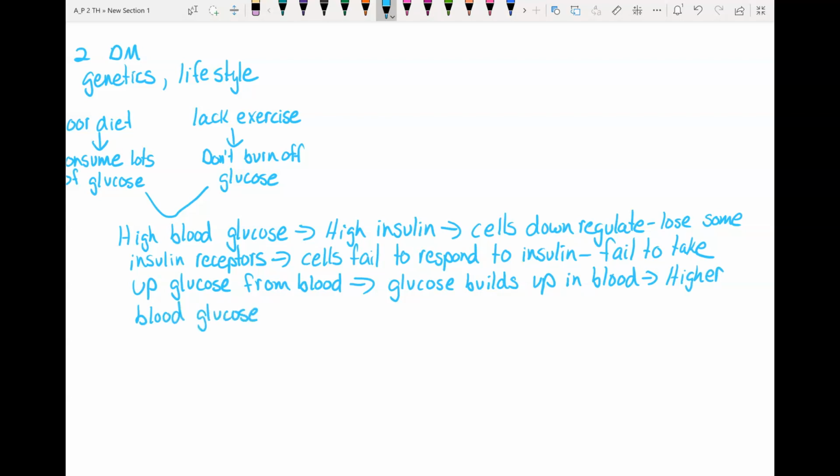Well, if your blood glucose is even higher, that means your insulin is going to be higher. What do you think cells are going to do in response to even higher insulin? They're going to downregulate again. This means they have even fewer insulin receptors.